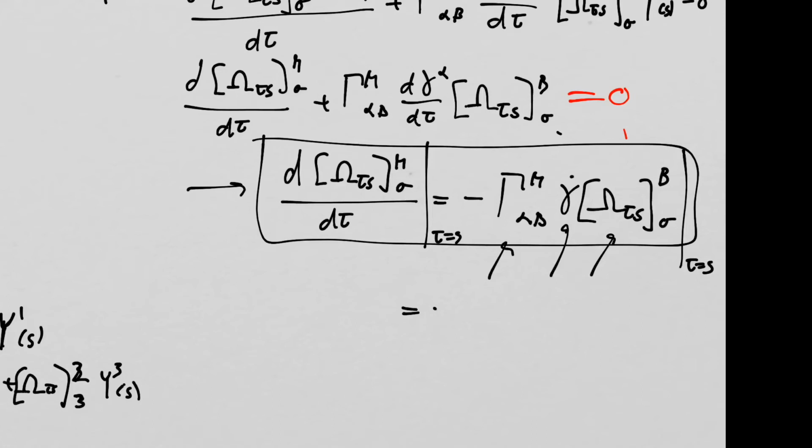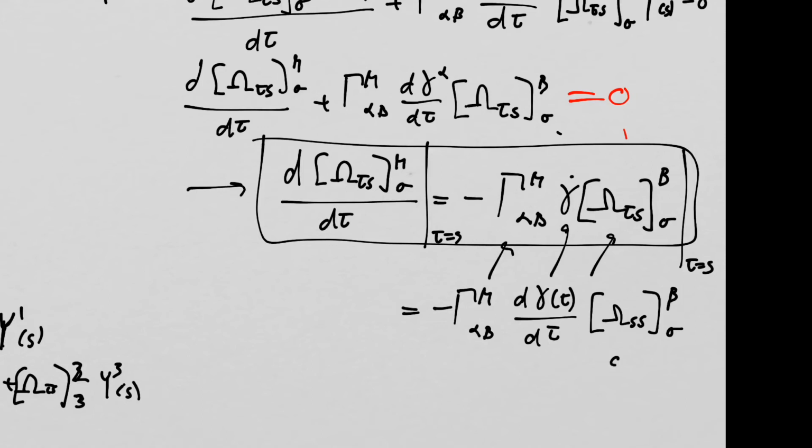The right-hand side ends up being minus gamma mu alpha beta d gamma alpha of t dt, and then this thing becomes omega ss beta sigma. But omega ss beta sigma, that's the identity function, so that has got to be delta beta sigma.